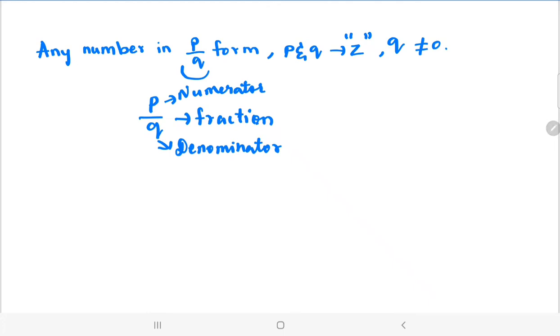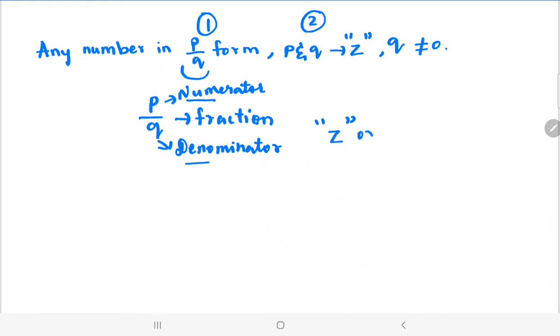Now, coming to p by q form, any number which can be written in this form, you have a numerator and you have a denominator, and this can be written in the fraction form. And this is the first rule for a rational number. The second rule is p and q, that is the numerator and the denominator, should be integers.